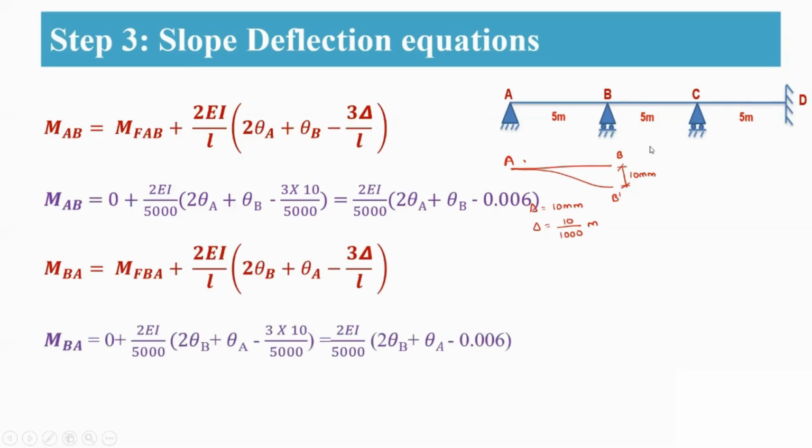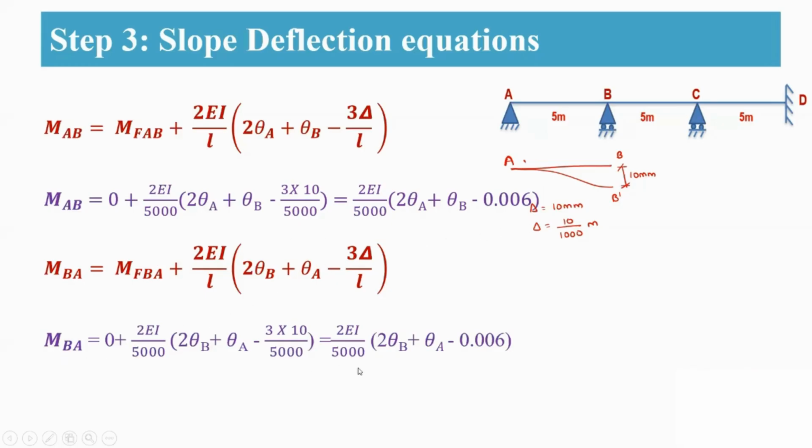As EI is constant throughout the beam, EI remains EI. The span L for AB is 5 meters, so L is substituted as 5 meters, whereas theta A and theta B are not equal to 0, those are the unknowns. Here delta is equal to 10 mm. Therefore, as it is a positive settlement, delta will be considered as 10 by 1000 meters, and that will be substituted here, 10 by 1000 into 5. So this entire thing you're going to get in a simplified format.